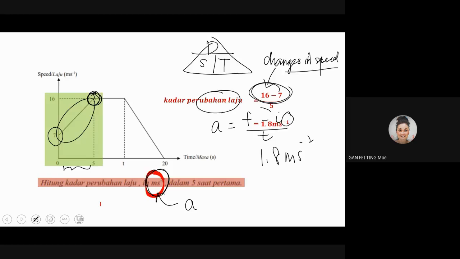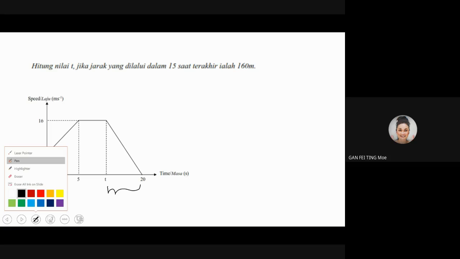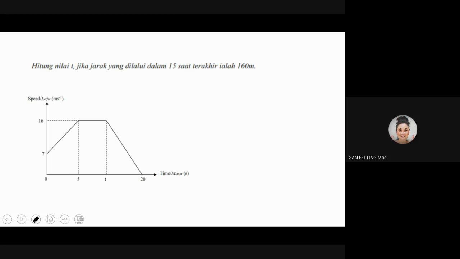Okay, next, it asks you to evaluate t if the distance traveled in the last 15 seconds is 160 meters.